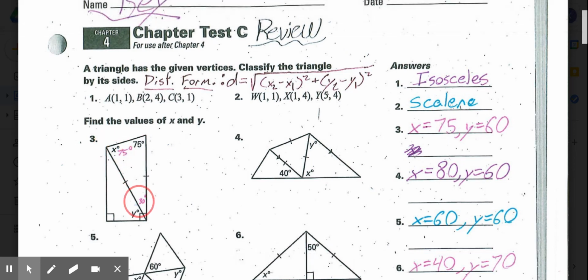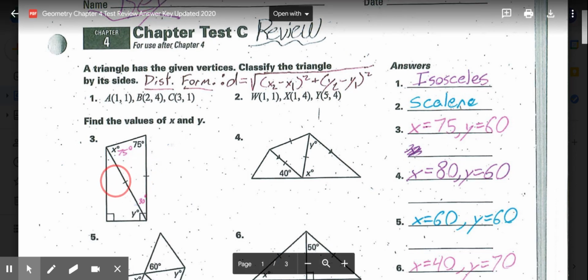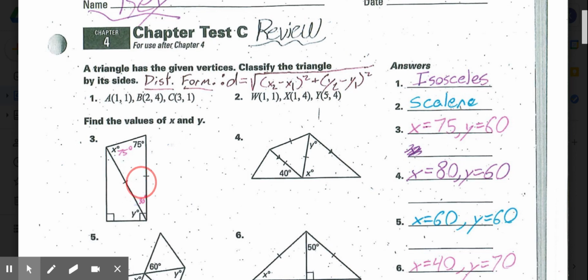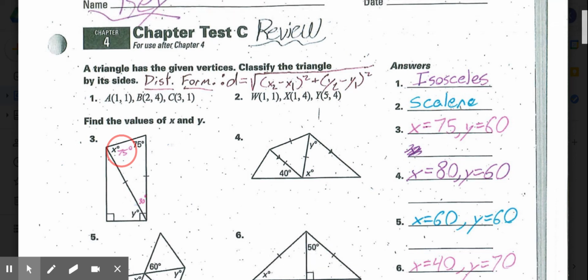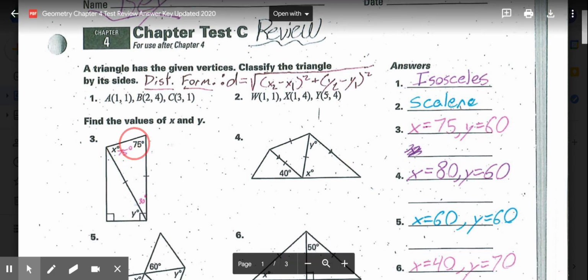And I know this triangle that the 75 X and this missing angle are part of is an isosceles triangle because these 2 sides are congruent. So if these 2 sides are congruent, I can use the base angle theorem. If this angle is 75, this angle is also 75 because the 2 angles opposite the congruent sides are congruent.